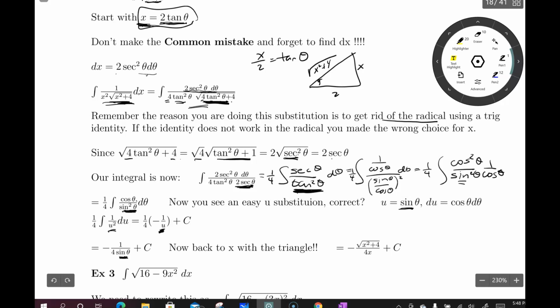So how do I get sine? It was sine in the denominator, so it's like saying cosecant, correct? So negative 1/4, the same as cosecant, which would be hypotenuse over opposite. And if I multiply the 4 in, there it is.